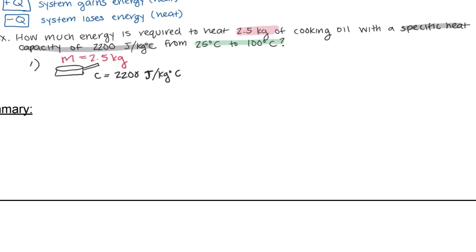We have two numbers, but we are looking for the change in temperature, how much the temperature has changed. Overall, the difference between 25 and 100 degrees Celsius is 75 degrees Celsius. So we can do that quick calculation there.